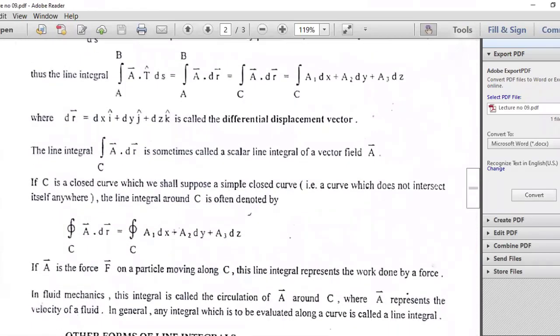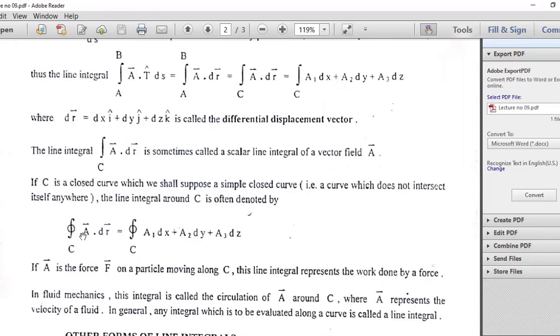Now, students, the line integral of A dot dr is sometimes called the scalar line integral of a vector field A. If C is a closed curve, we suppose a simple closed curve, the line integral around C is often denoted by an integral sign with a circle.